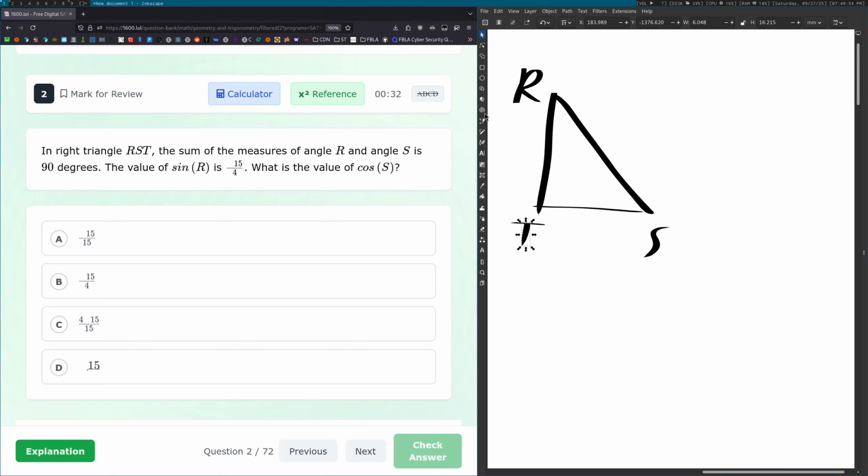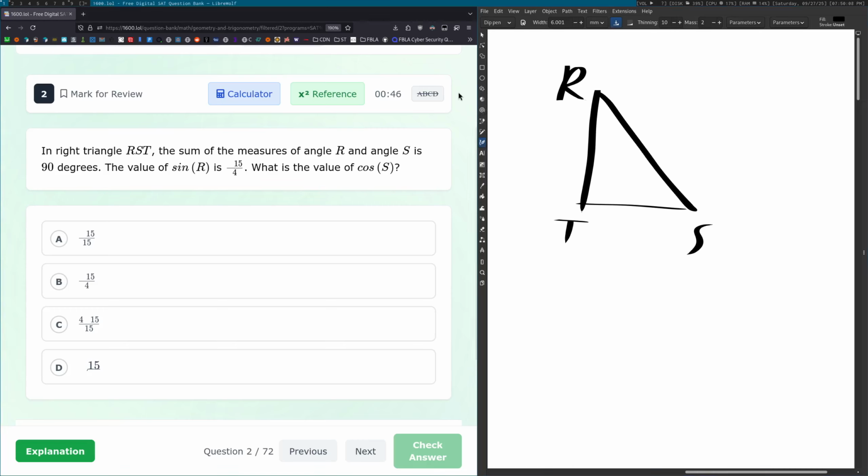RST, R and S. Okay, we're good now. The value of sine of R is, I'm assuming it's going to be a square root because there's just a blank space there. And if it's wrong, we can go back and change it. Okay, so sine of R is equal to square root of 15 over 4.